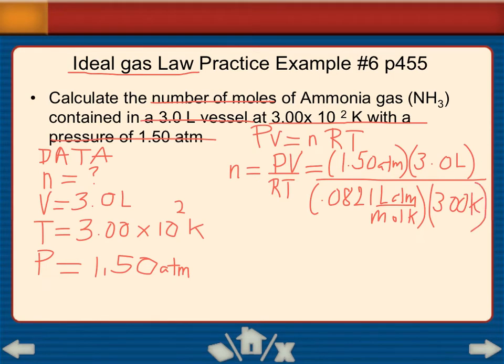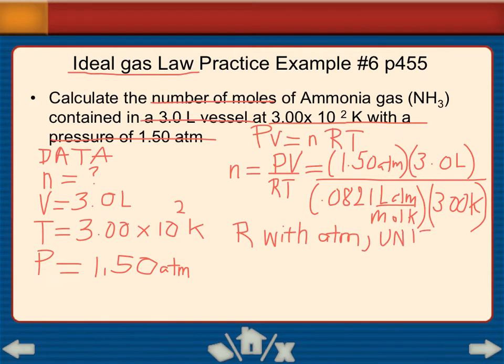The temperature was given in Kelvin, so we didn't need to convert it. R again needs to have units of atmosphere, and that will be given to you on a chart during an exam.